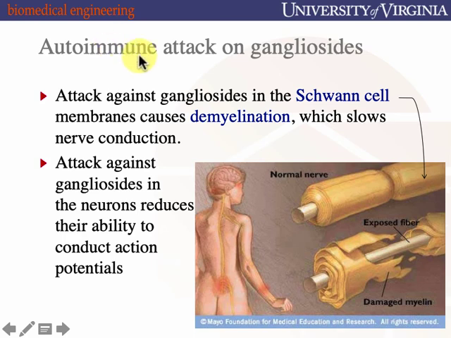So we're going to generate an autoimmune attack on those gangliosides, and for reasons that are still really unknown, the cells that seem to be affected more than any other are these Schwann cells. Right? And Schwann cells are the cells that line the axons of your nerves, and they produce this molecule called myelin, these myelin sheaths, and they're like signaling insulators, right?